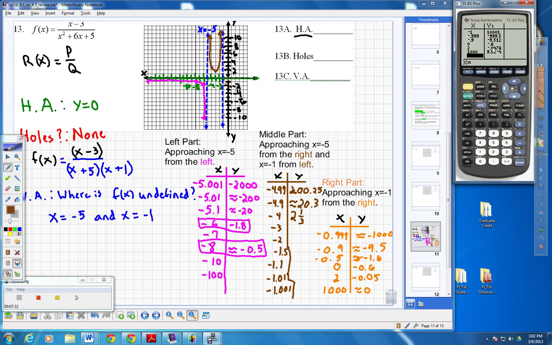Okay, so this is in the table function. Understand the calculator's doing all the work for me. Oh my goodness, it accepted a value at negative 1. Oh no, it didn't. It just rounded. That's negative 1.0001. That's negative 1 and 1/10,000. That's not negative 1. If it were negative 1, we would get an error message.